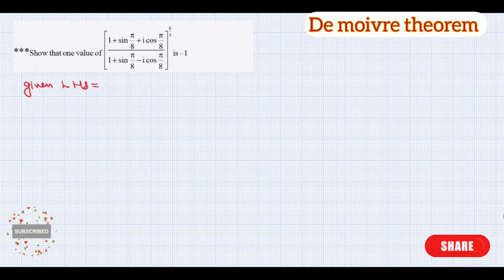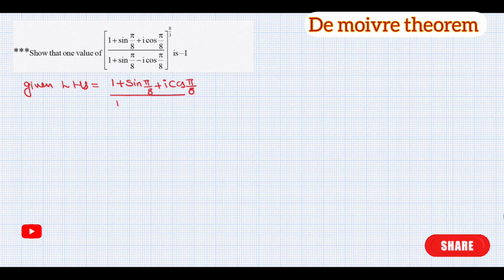is equal to ((1 + sin π/8 + i cos π/8) / (1 + sin π/8 − i cos π/8)) whole power 8/3.